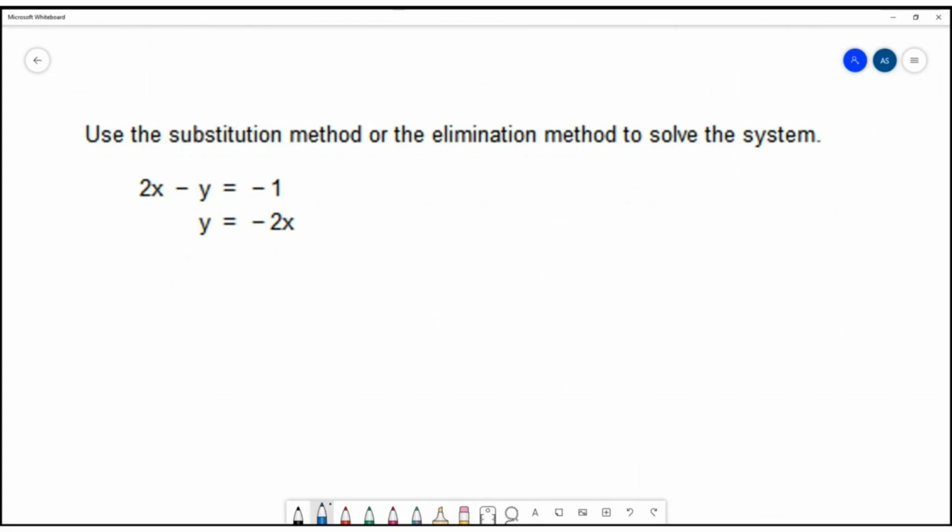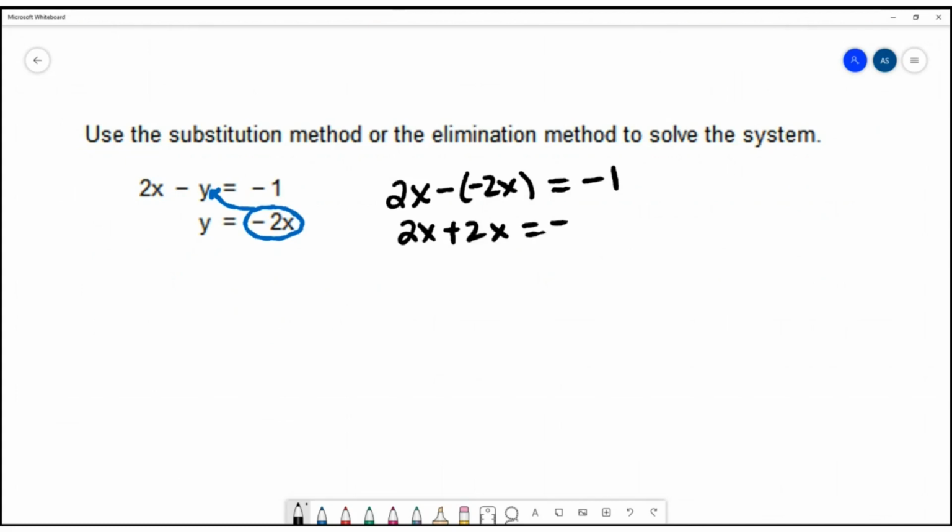So I'll use substitution, and I'm going to substitute negative 2x into this y here. That would give 2x minus negative 2x equals negative 1. That's 2x plus 2x equals negative 1. Combining like terms, we have 4x equals negative 1. I'll divide by 4 to get x equals negative 1/4.